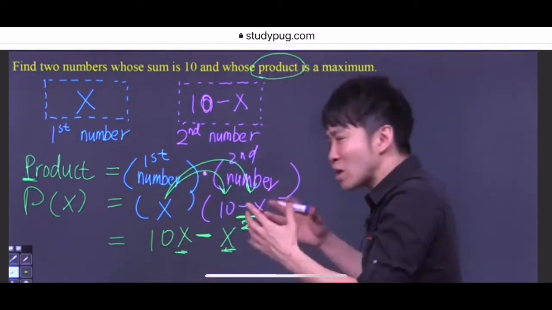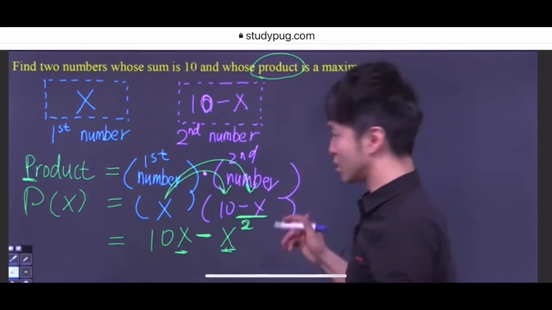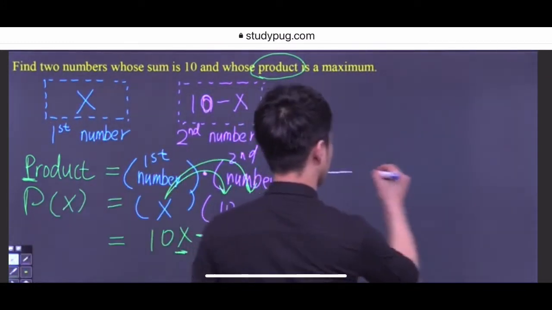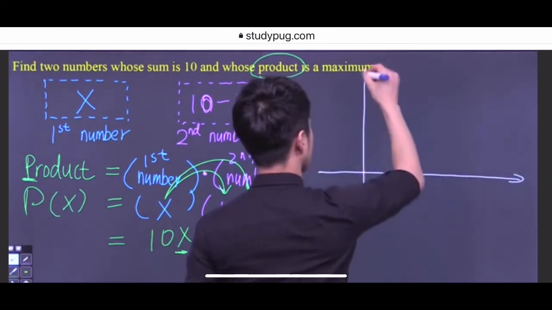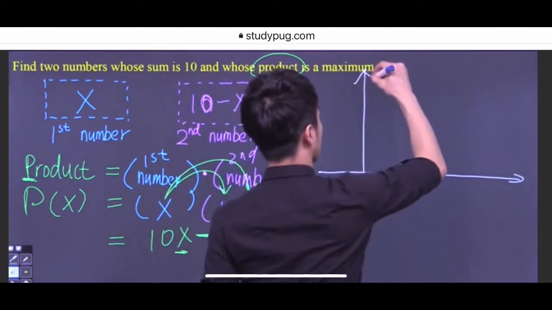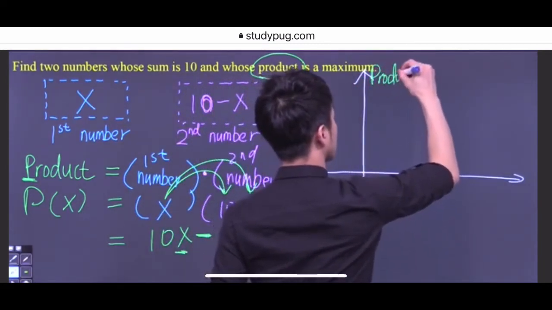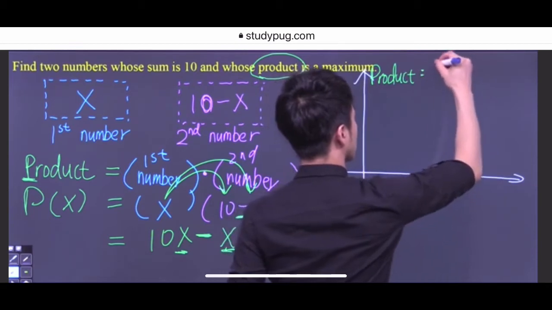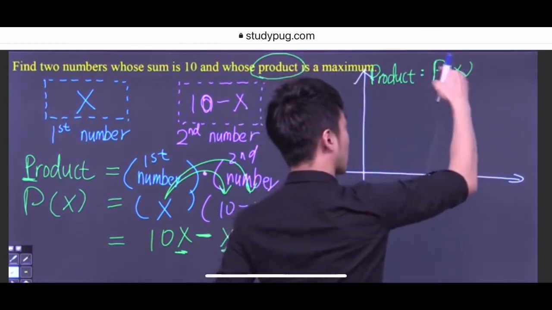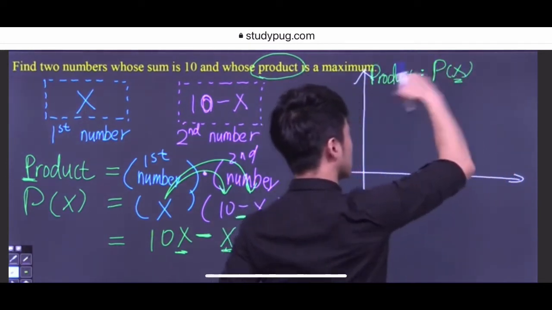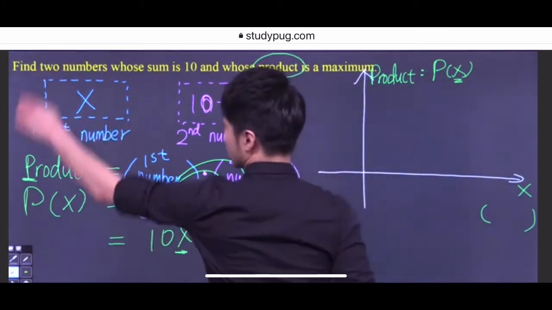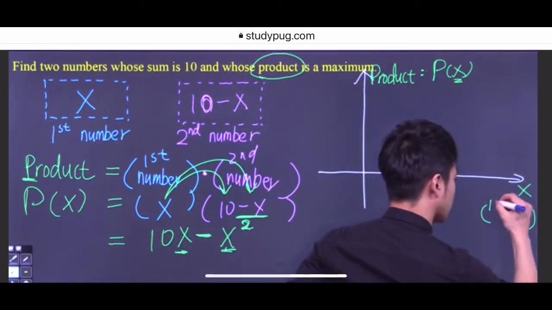Okay, so I'm just trying to understand this question graphically. So let's draw a graph to represent the product function. We have a product function denoted as P of x, a product as a function of x, where x here is just our first number.